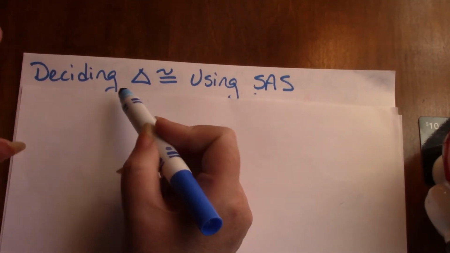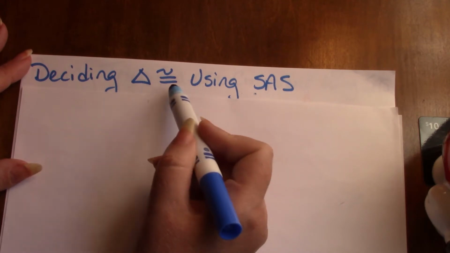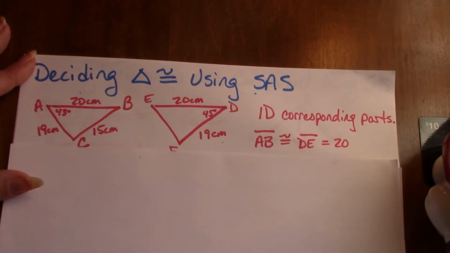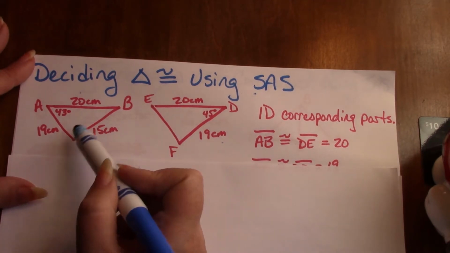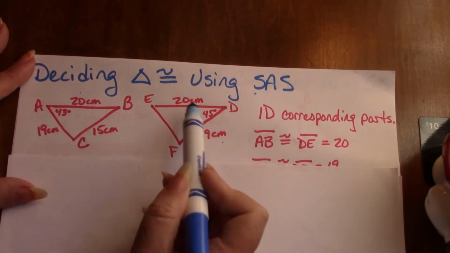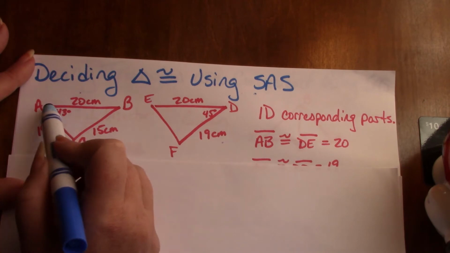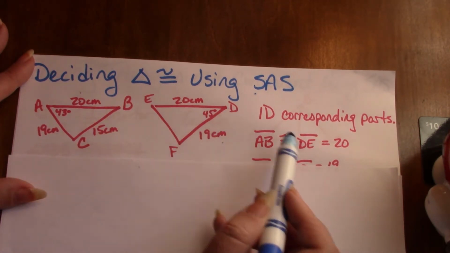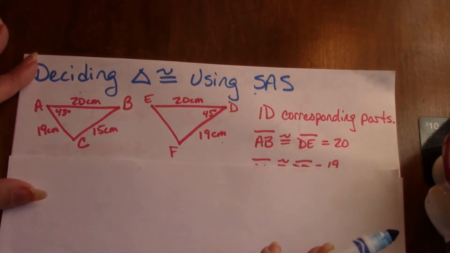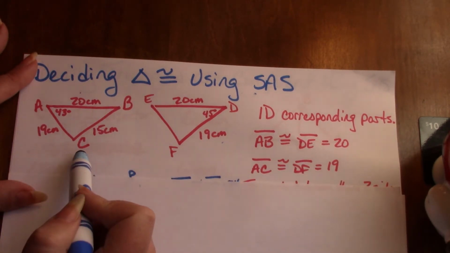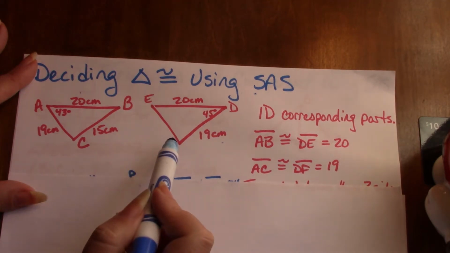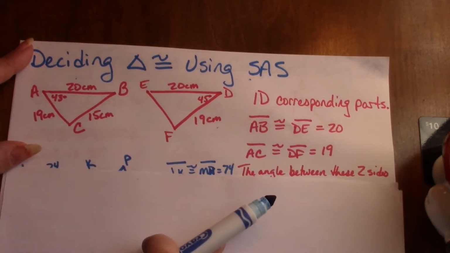Next, we're going to look at deciding whether triangles are congruent using the side angle side theorem. So here I have two triangles, ABC and DEF, and I know that line AB and line ED are both 20. I know that line AC and line DF are both 19.